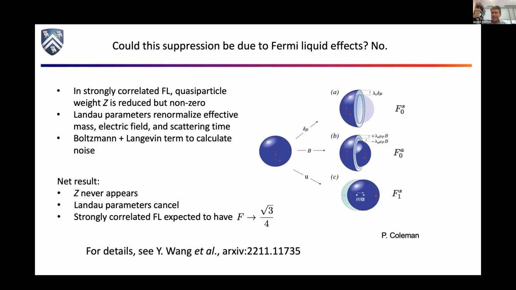But the bottom line is, if you take a Fermi liquid and you allow for almost arbitrarily strong renormalization of the quasiparticles, but you make sure the quasiparticle weight doesn't go to zero, the Landau parameters end up canceling when you do the calculation. The quasiparticle weight itself never appears in the final result, and you expect a strongly correlated Fermi liquid to have a phono factor that approaches √3/4, and that is totally not what we see.